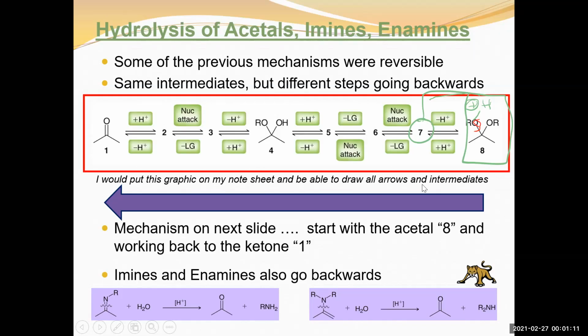I would put this graphic on my note sheet and be able to draw all the arrows and intermediates. So you should go through and draw these intermediates and draw the arrows that go back and forth. Like, well, wait a minute, I don't remember the intermediates. How do we remember those?